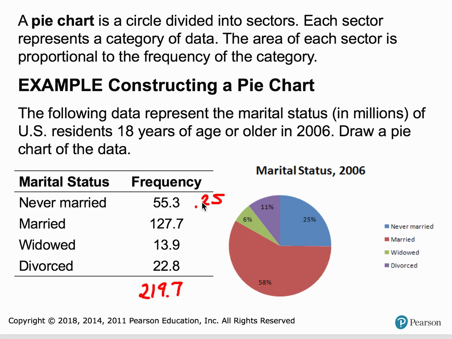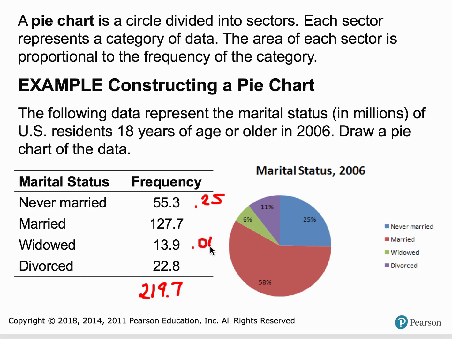Let's do one more. The widowed, we did that earlier too. So just as an example, 13.9 divided by 219.7 is 0.063.